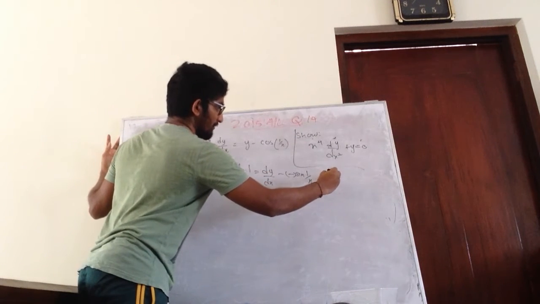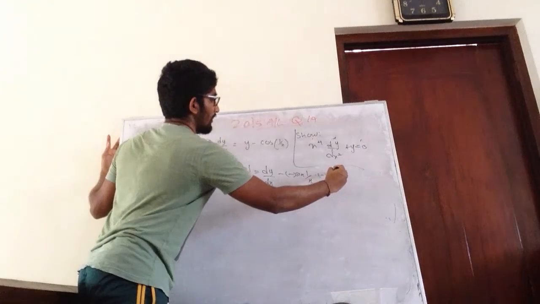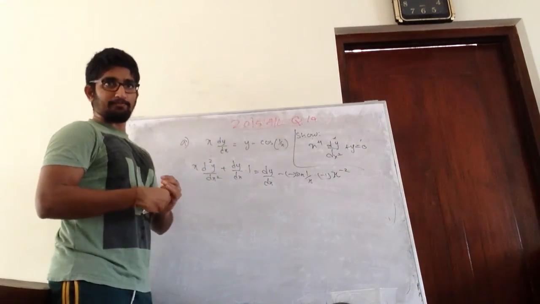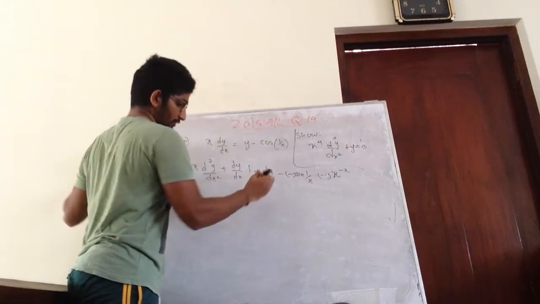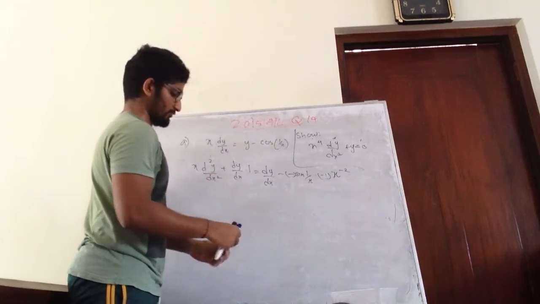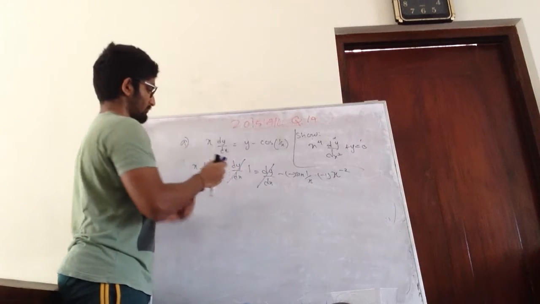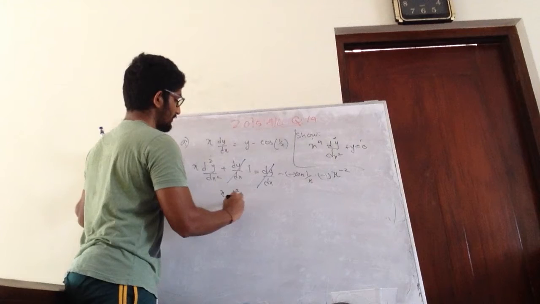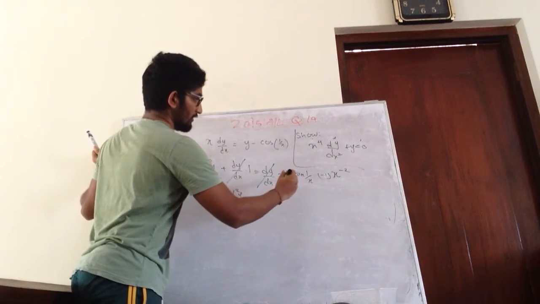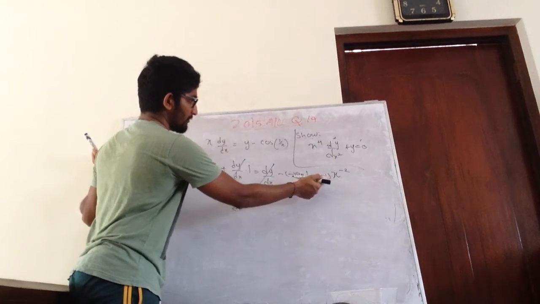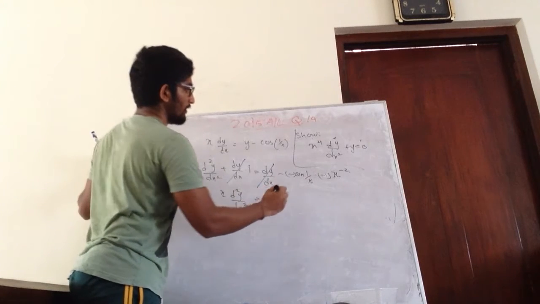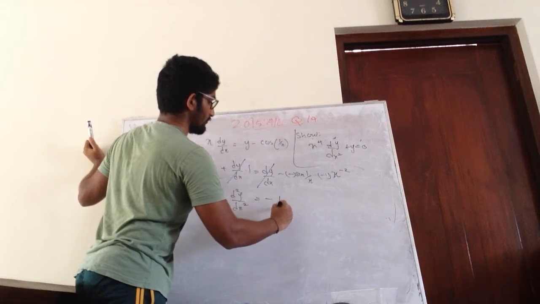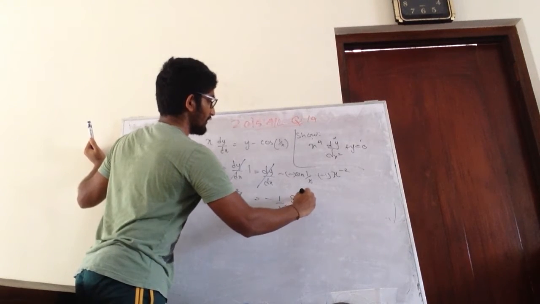Then this becomes again minus x to the power minus 2. Correct now? So then these can be cancelled off. Then you will get x d squared y over dx squared. So minus into minus will be plus, again into minus is going to be minus, minus 1 over x squared sine 1 over x.